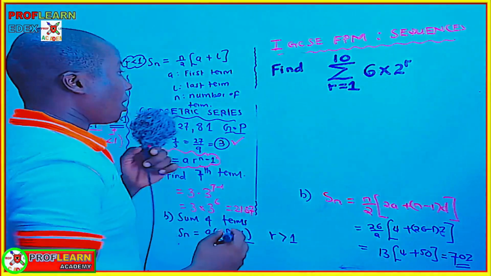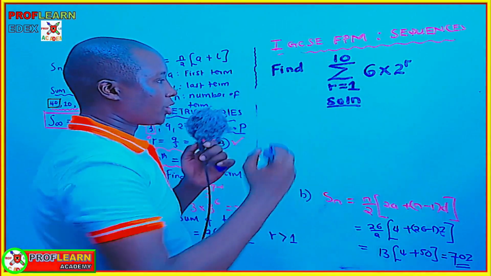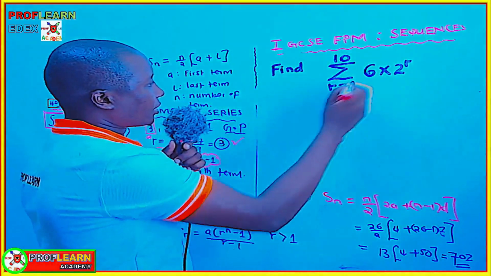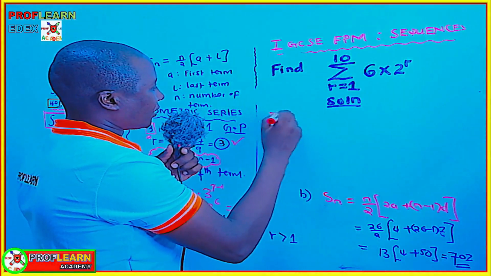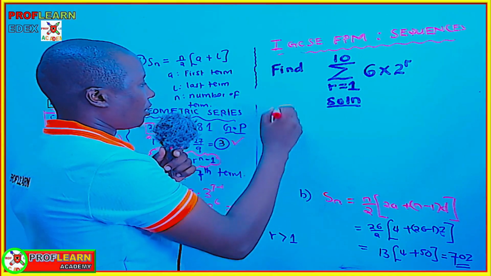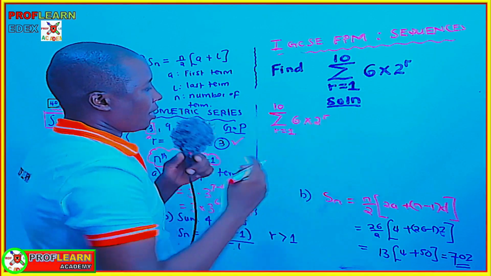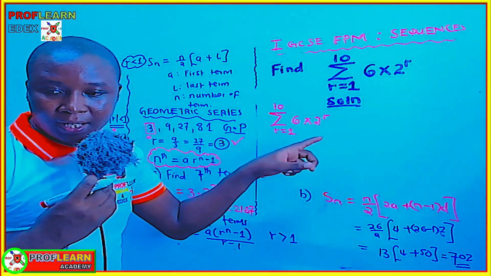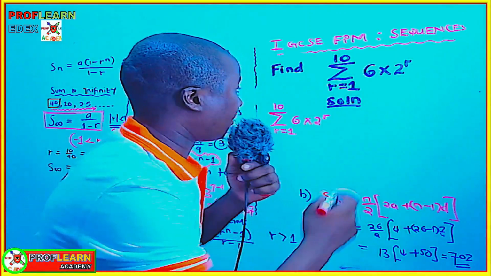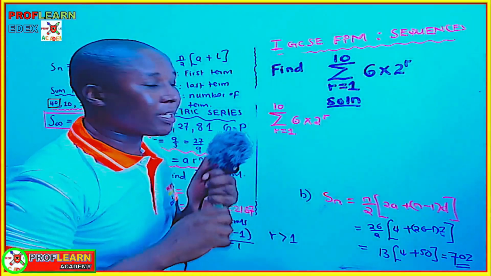Then now this expression that we have here, to work out the summation of this, let me just write it. Summation of r from 1 all the way to 10 of 6 times 2 raised to power r. You see, the number that is going to be affected by this r is only 2. 2 is the only number that is going to be affected here.